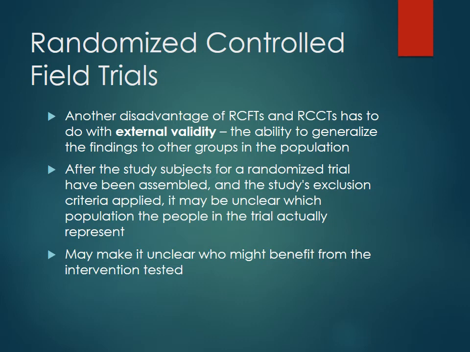Another disadvantage of these has to do with external validity. We've mentioned this already, but it's the ability to generalize those findings to other groups in the population. So if you have very strict inclusion-exclusion criteria and you're looking at a very narrow sample of patients, you're not going to be able to really generalize that to a large number of patients. If you're looking at something like the Framingham Heart Study, where was that done? Yeah, Framingham, Massachusetts.